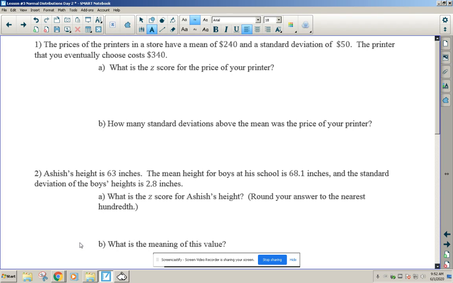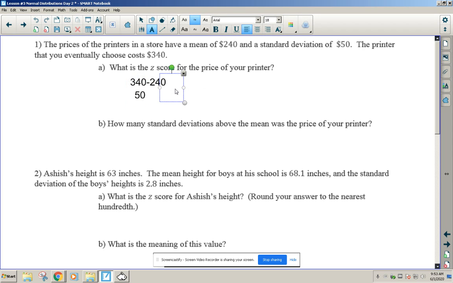It says the mean price of a printer in a store is $240 and a standard deviation of 50. And the printer you want is 340. So what's the z-score of your printer? So the z-score of your printer is going to be $340 minus the 240, and you're going to divide that by the 50.